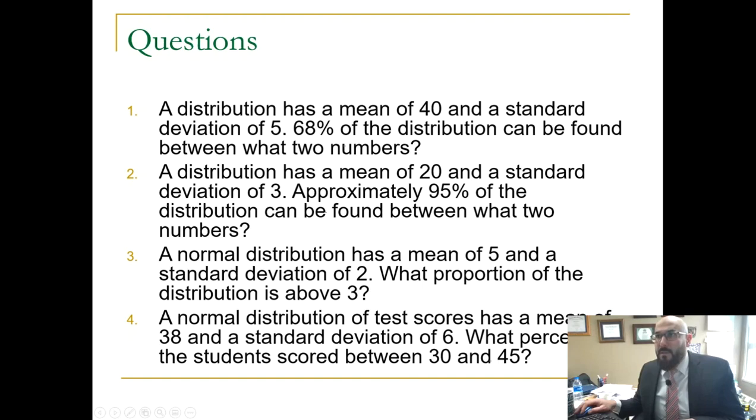Right here, what we need to do is go to the z table and find the value for minus 0.77. Let's go here, negative 0.77. So here's the row, 0.7, and we need to go to the column for 7.